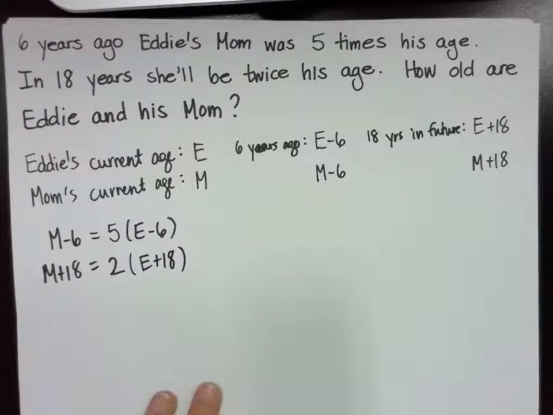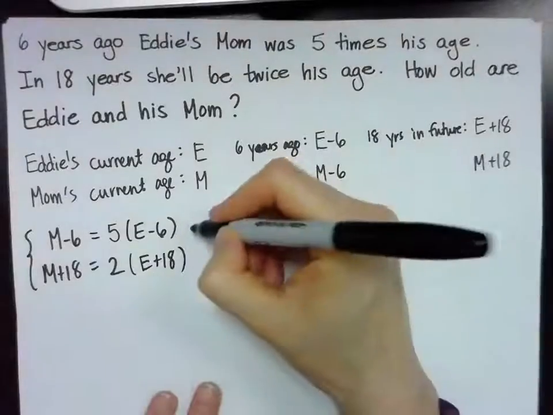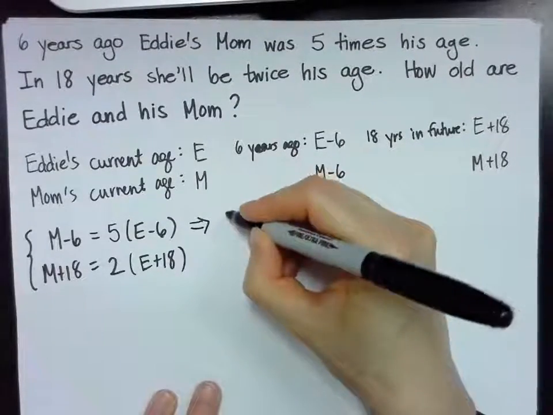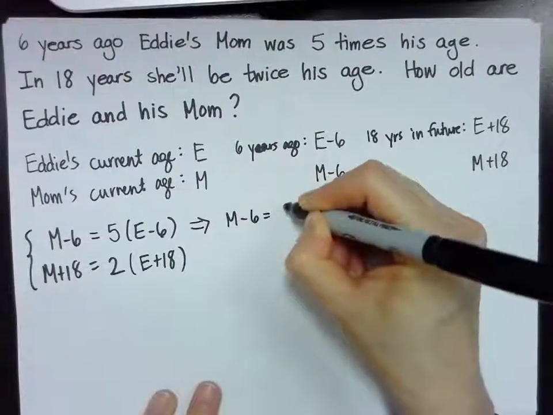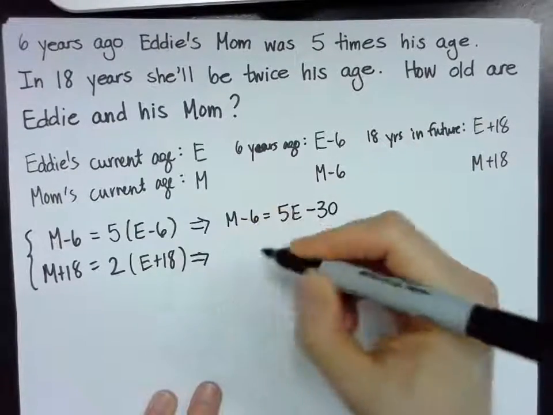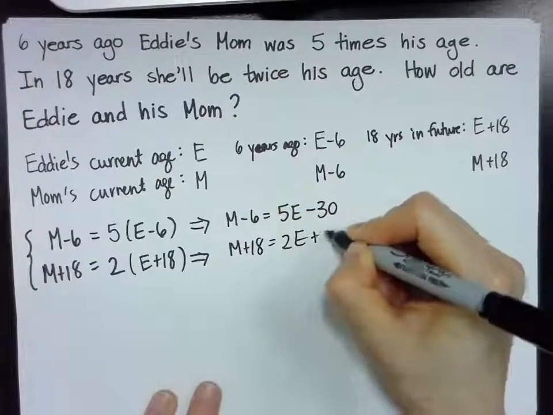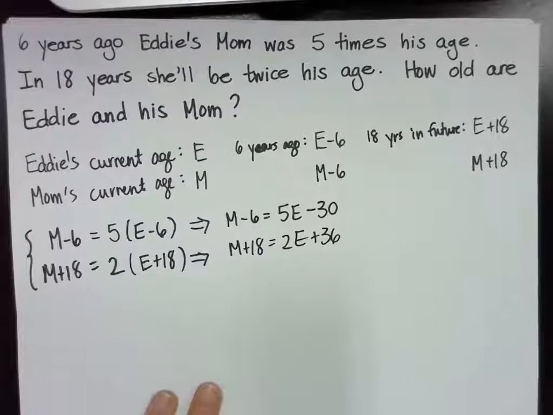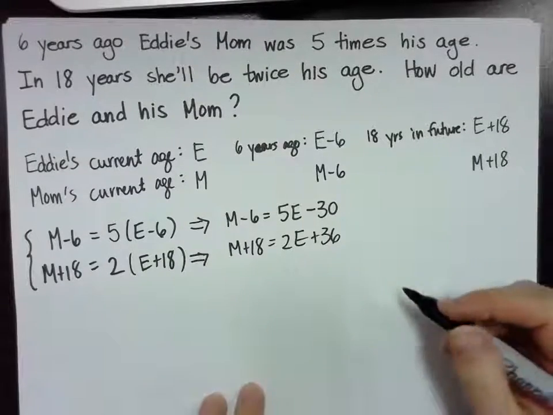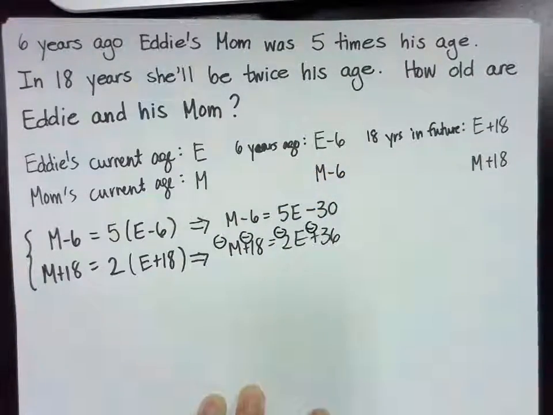Okay. And so now we have 2 equations with 2 unknowns, and it should be fairly straightforward to solve for the 2 ages. So let's rewrite this one as M minus 6 is 5E minus 30, and this one as M plus 18 is 2E plus 36. And since we've just got M's here, probably elimination is one of the easiest things to do, so we'll subtract all of these from the top equation.